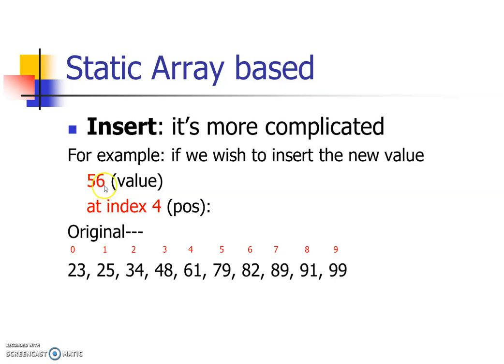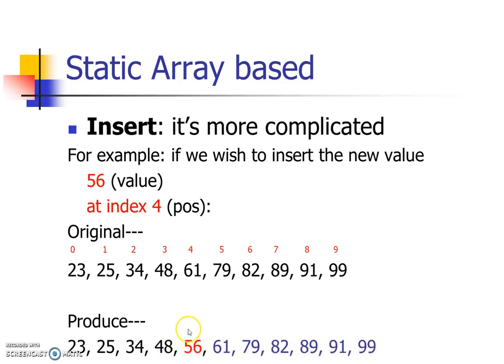Now, say I want to insert value 56 at location 4. The end result for this operation should be that all the values from index 0 to 3 stay untouched, and then we insert the value 56 and shift every item one space to the right. And therefore, this is what we want to implement.